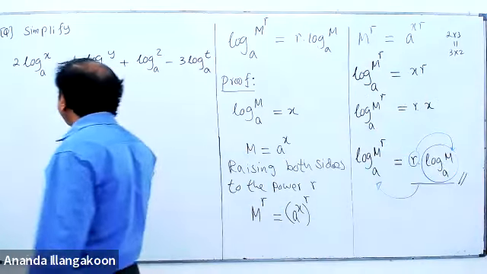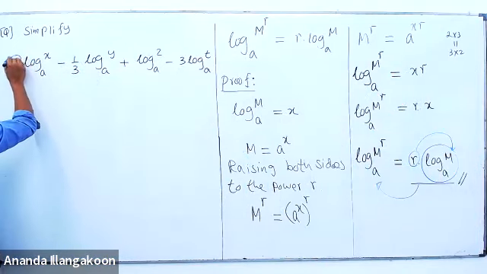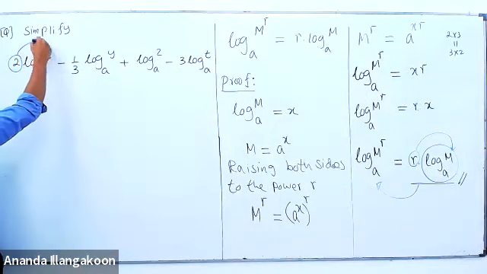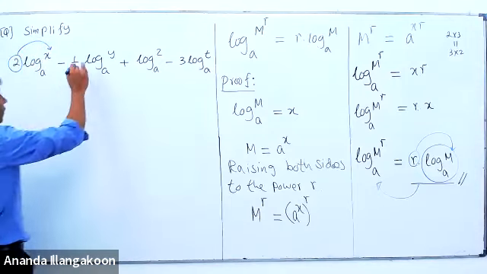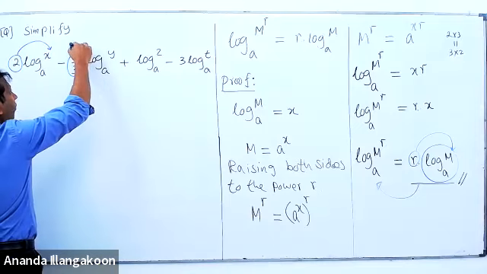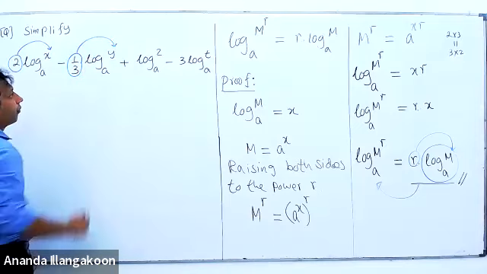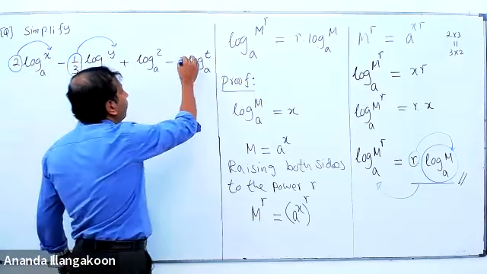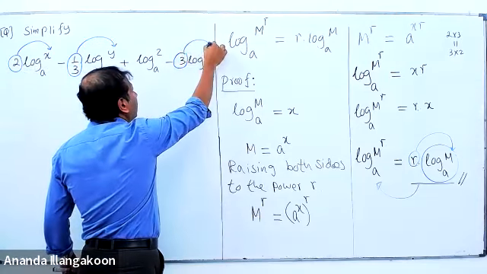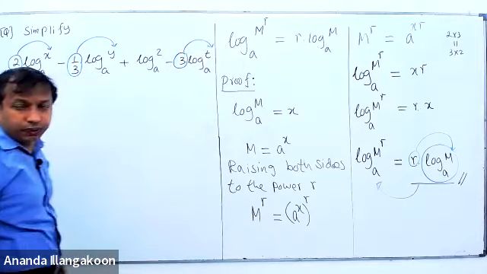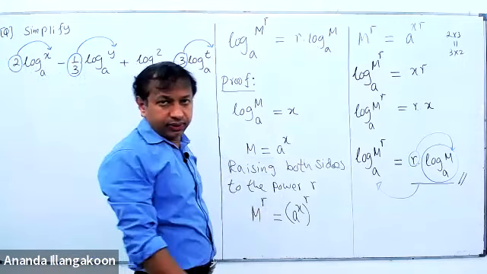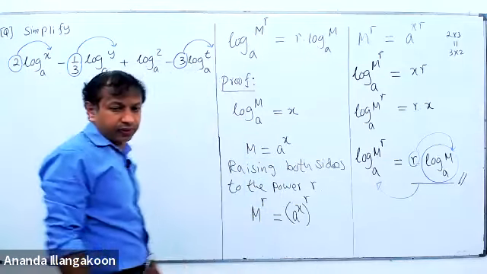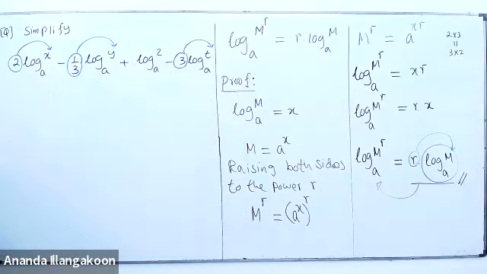Now if I use that, people, this 2 we can bring as the power of x here. This 1/3 we can bring as the power of y here. This 3 we can bring as the power of t here. Understood? Then we can write the next line by reverse use of that third law we learned. After that, people, first, what do you get there?